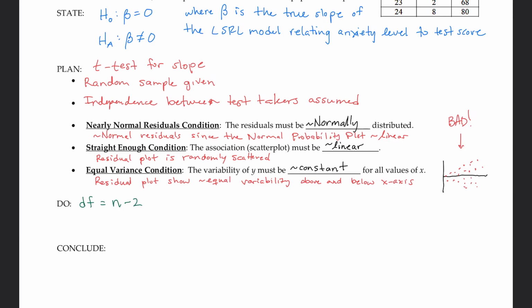When we were only dealing with one variable earlier, it was just minus 1. Now we have two variables. When we were dealing with a difference of 2, it was wonky and weird, which we didn't really get into. But in this case, it's minus 2 because there's two variables. So in our case, we're dealing with 24 different test takers, which means our degrees of freedom is 22.